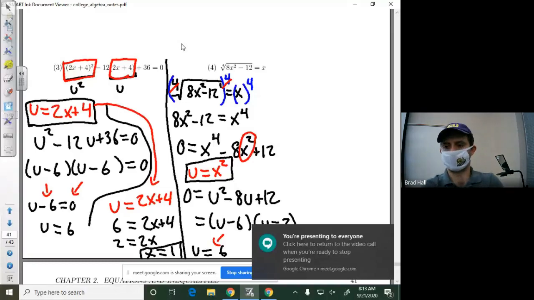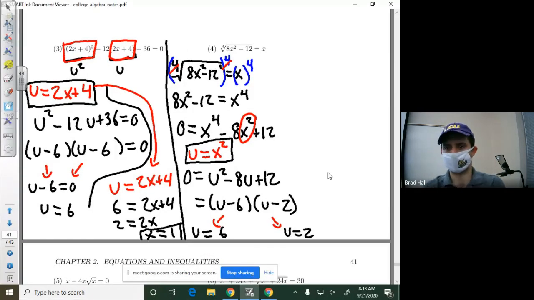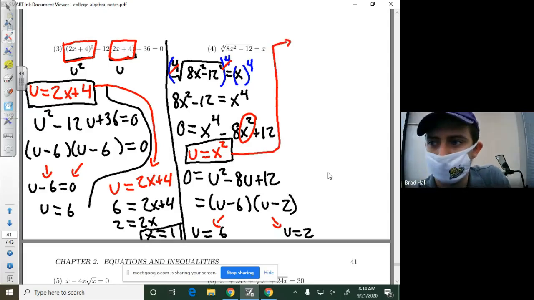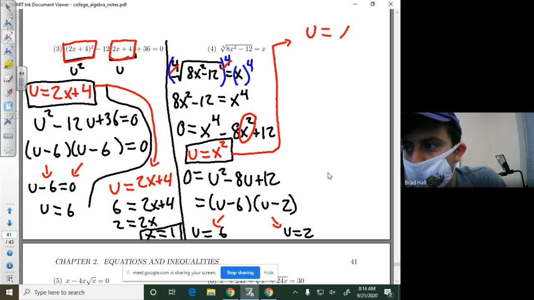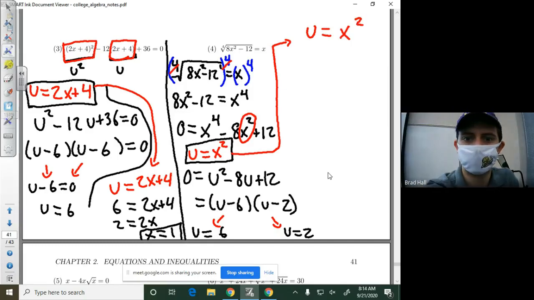But this isn't good enough. Although we did a sequence of steps and found 2 answers, we have one more step to do. We have to convert those U's to X's, and that's when we bring back our rule. The rule tells us that U is equal to x squared.